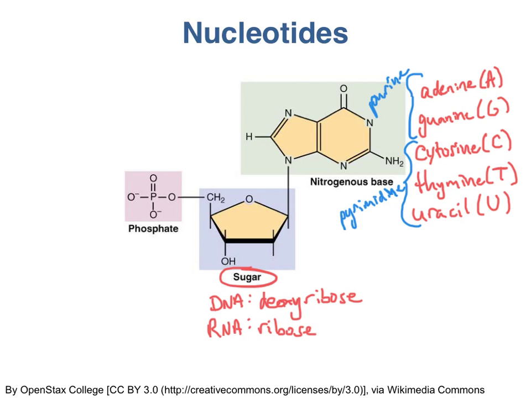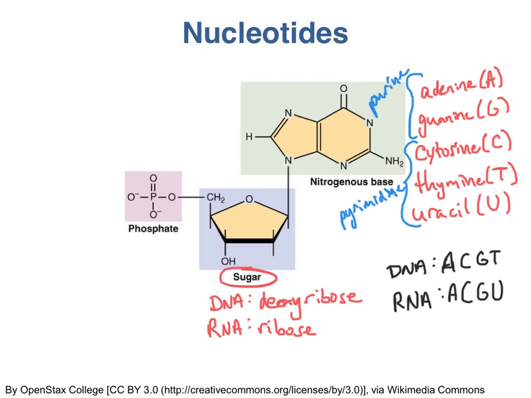So DNA, in addition to the differences in the sugar, DNA uses A's, C's, G's, and T's, and RNA uses A's, C's, G's, and uracil in place of thymine.